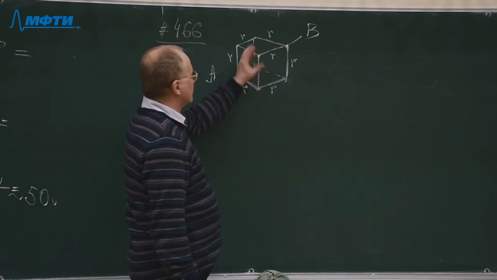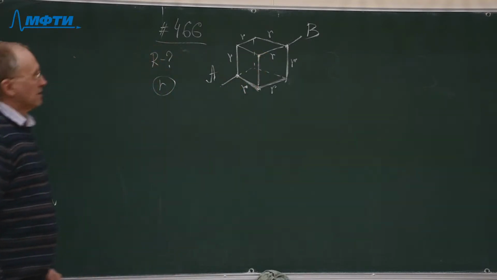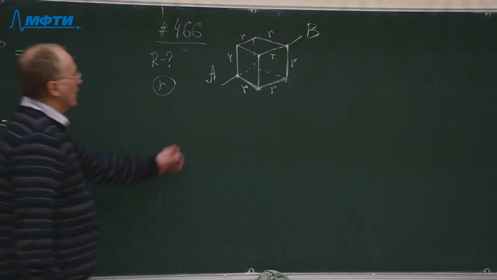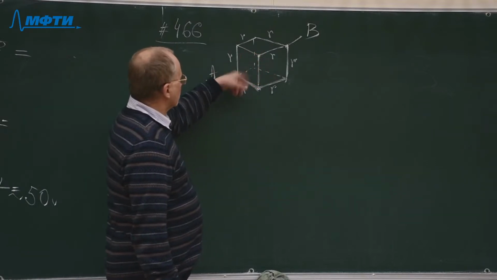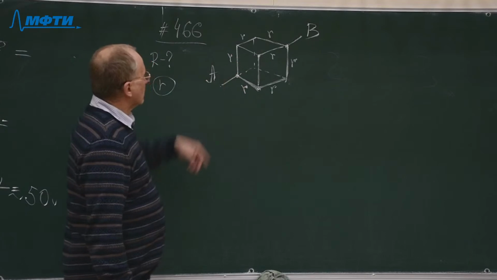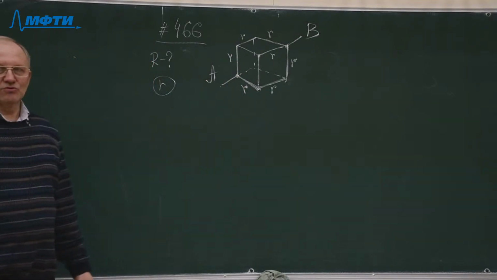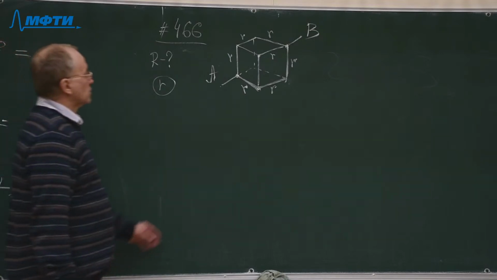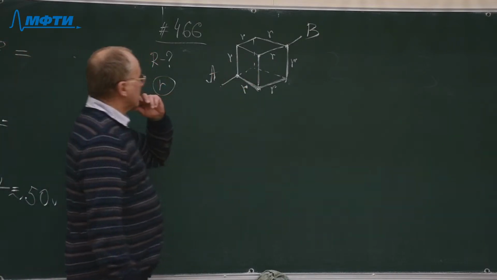How can we calculate the resistance of such a complicated circuit? Well, looking at this circuit, we understand that we have neither parallel nor series connection of resistors, and the connection is more complicated.